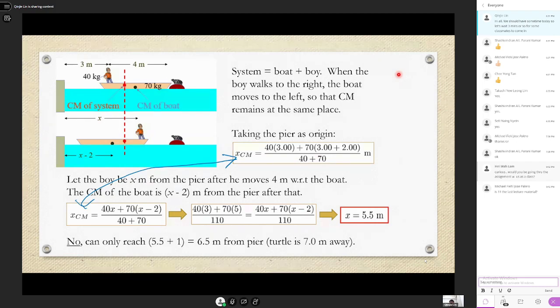Question: will you be going through the assignment with us as a class? I can go through it generally again, but I won't tell you too much. Basically, it's an assessment to test you all, so I plan not to go through it with you.